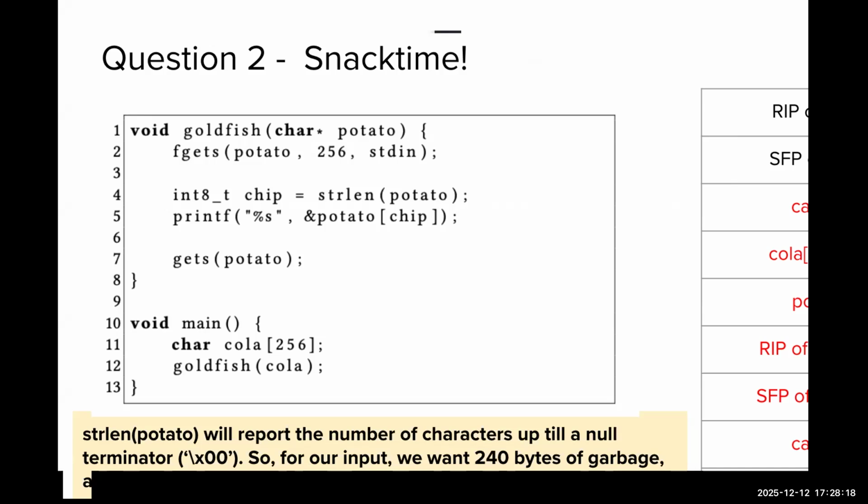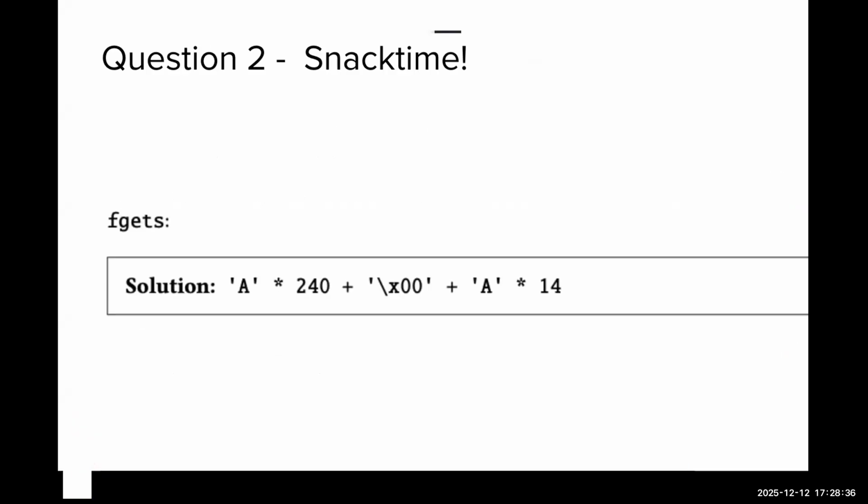Yeah, so for our input, we want potato to be 240 bytes long. And so we want that buffer to be 240 bytes of garbage, and then the rest can be anything else. So that's the solution to the fgets box: 240 bytes of garbage, then a null terminator, and everything after that doesn't really matter.